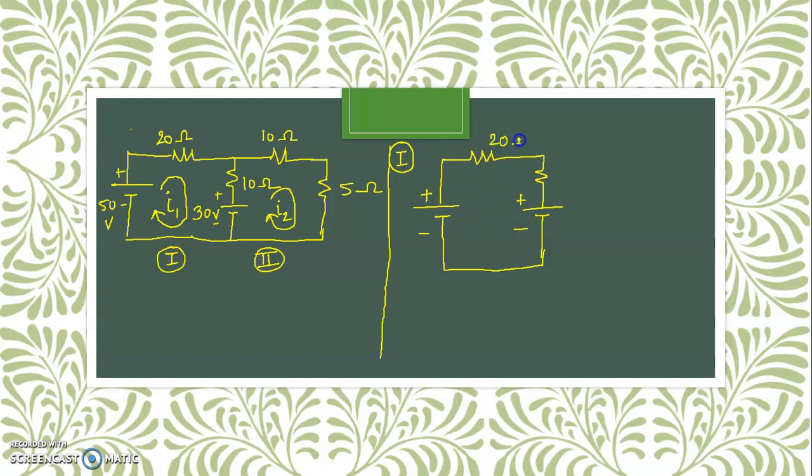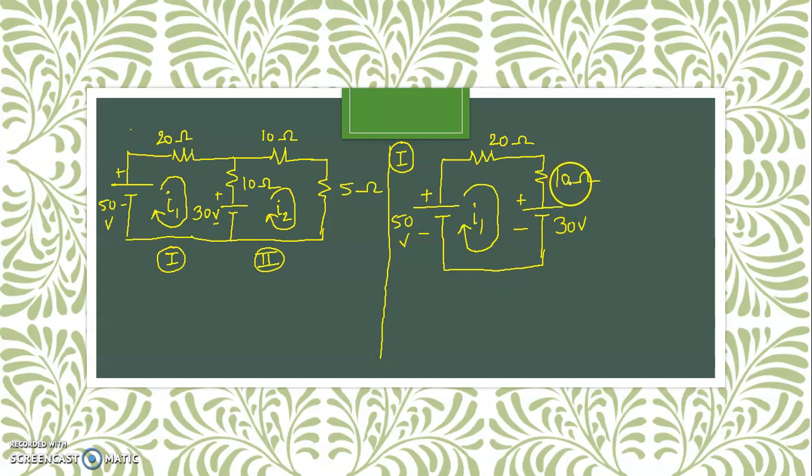This is 20 ohm, this one is 10 ohm. The voltage value for this source is 50 volt. The value of voltage for this source is 30 volt. Okay, loop current is I1 in clockwise direction.